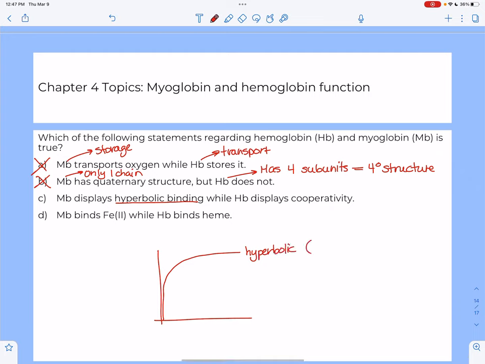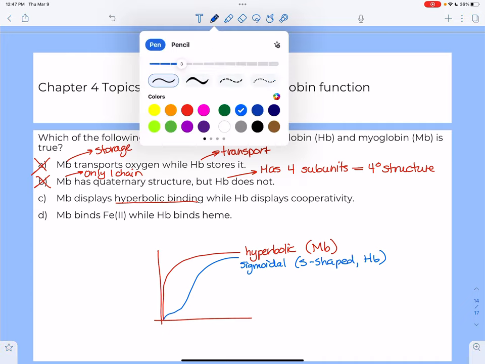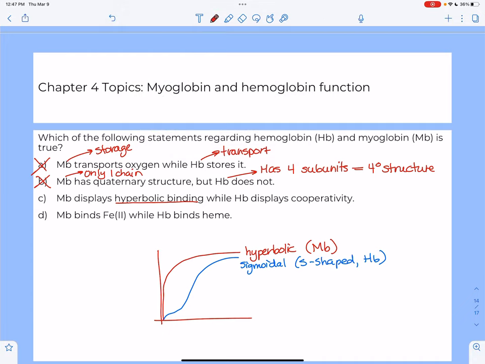And that's what the myoglobin curve looks like. And we have kind of an S shape, which we call sigmoidal or S-shaped. And that's hemoglobin. So the first part of that is true. We'll hold off on the second and see if we can eliminate the fourth option in here.